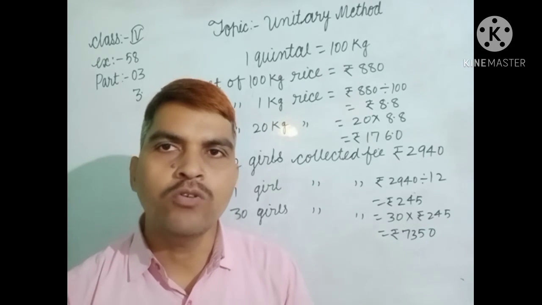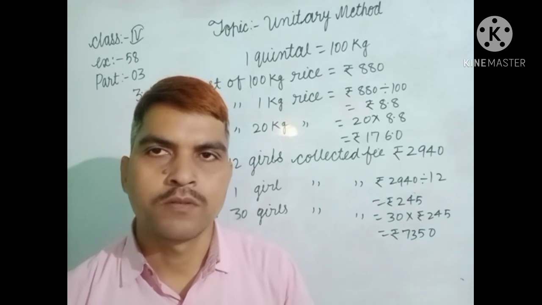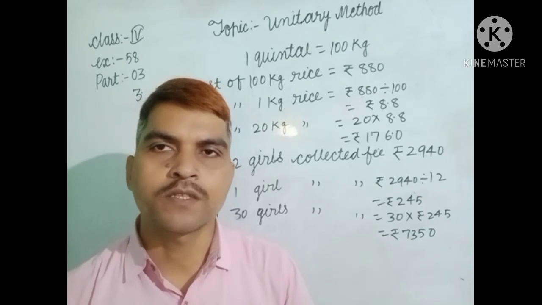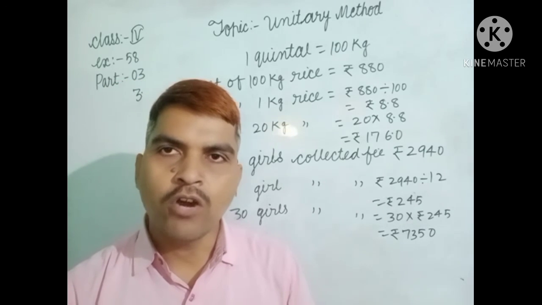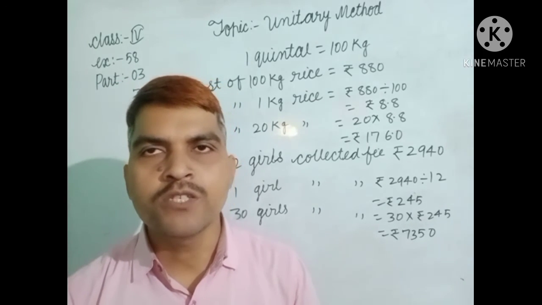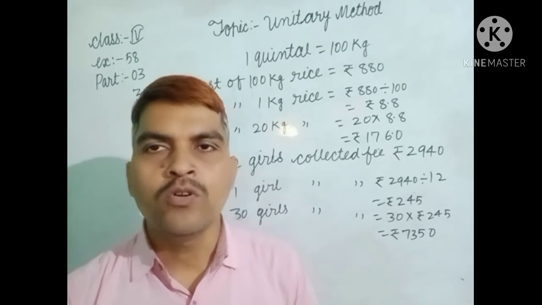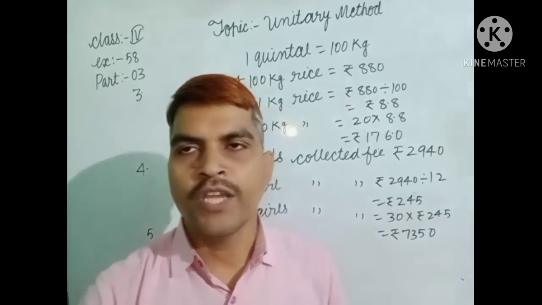Then you find the number of more objects. For more than one object you multiply, and to find the value of one object you divide. In this way you solve such type of problems. So thank you students.